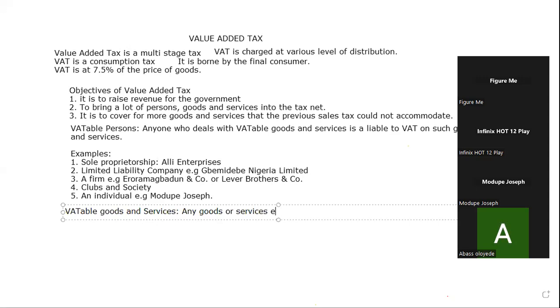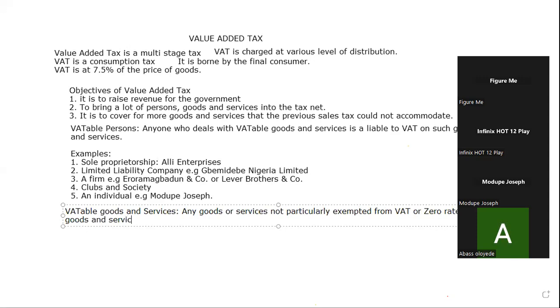Any goods or services not particularly exempted from VAT or zero-rated goods and services shall be VAT-able for tax purposes.